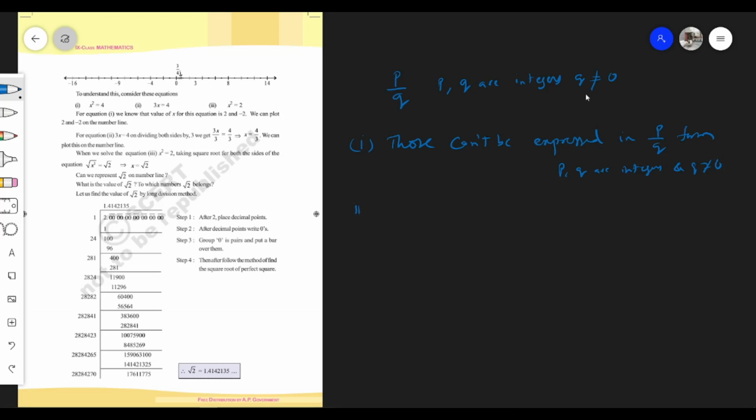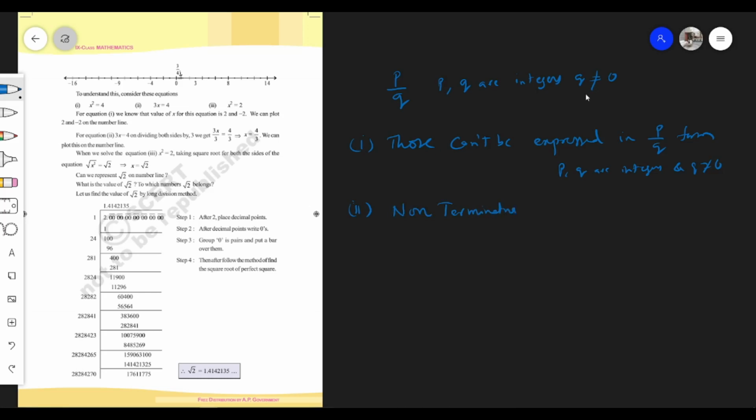And second one, while we were discussing converting rational numbers into decimal forms, as I said earlier, we have encountered two forms. One is terminating decimal form, the other one is non-terminating repeating decimal form. Now these two again ask me, are there any numbers that have non-terminating non-recurring decimal form?